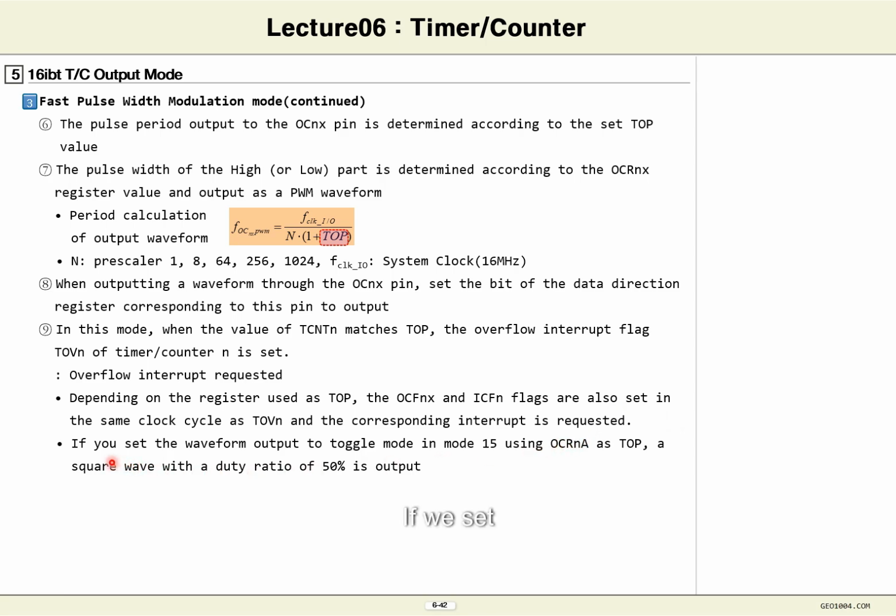If we set the toggle mode in mode 15, using OCRNA as the top value, we can get a square waveform in the output mode with a ratio of 50%. This concludes the explanation of fast PWM mode.